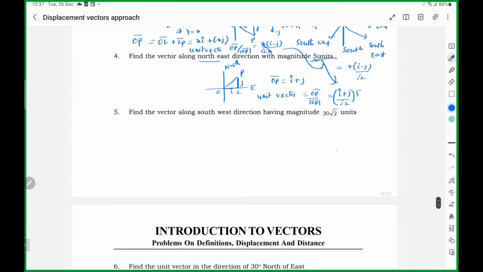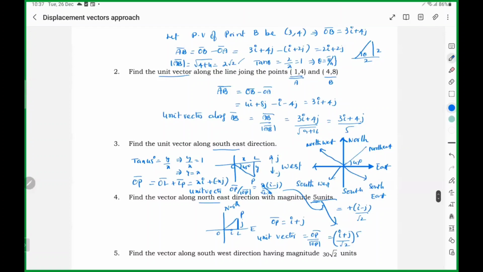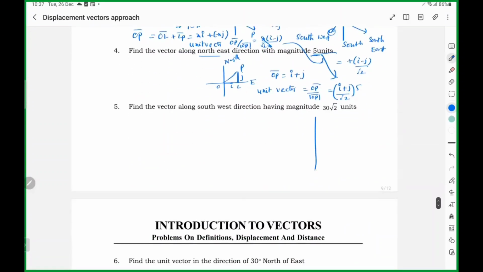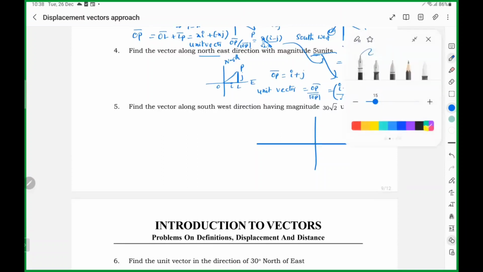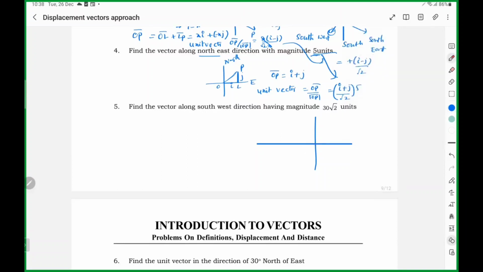Here, the southwest direction. Southwest is here. Say this is OP; take a general vector, OQ will be OL plus LQ.